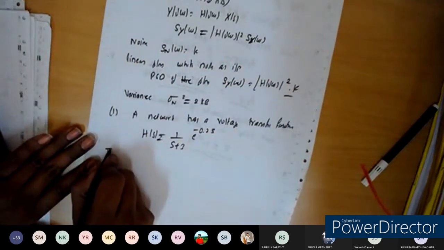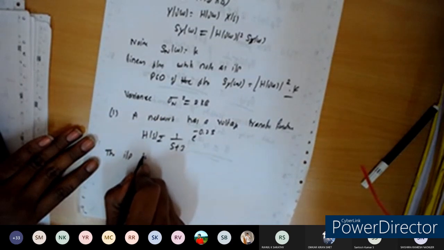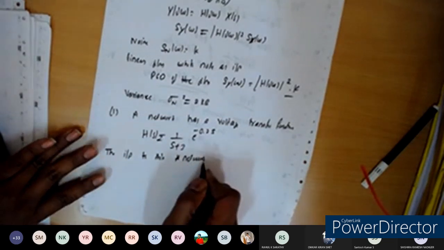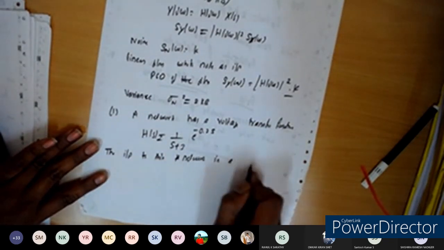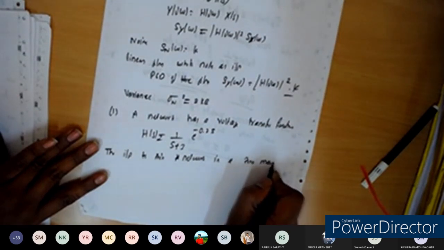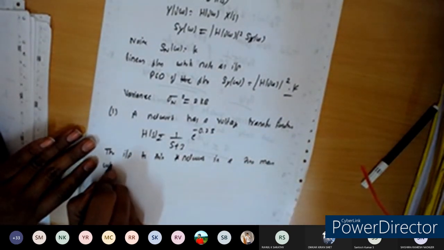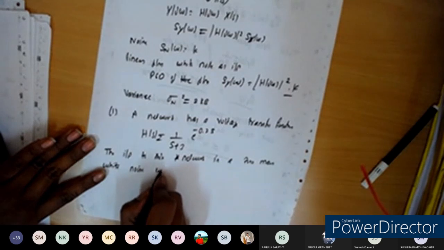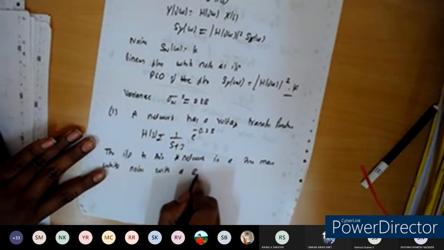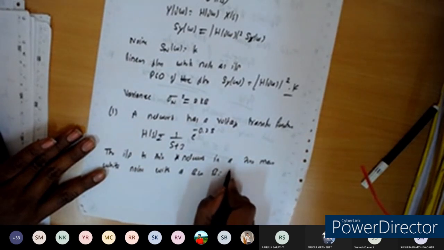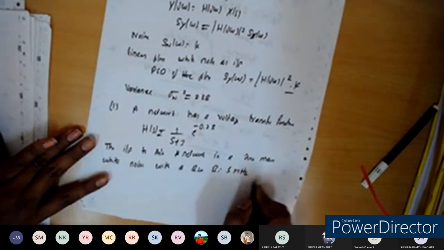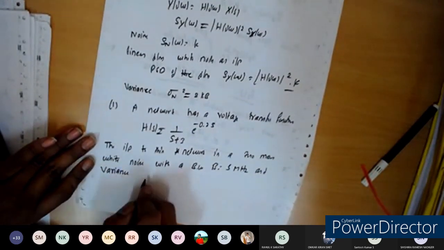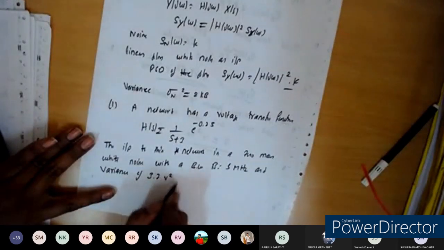The input to this network is a zero mean white noise with a bandwidth B equal to 5 megahertz, and variance of 3.7 volt square.